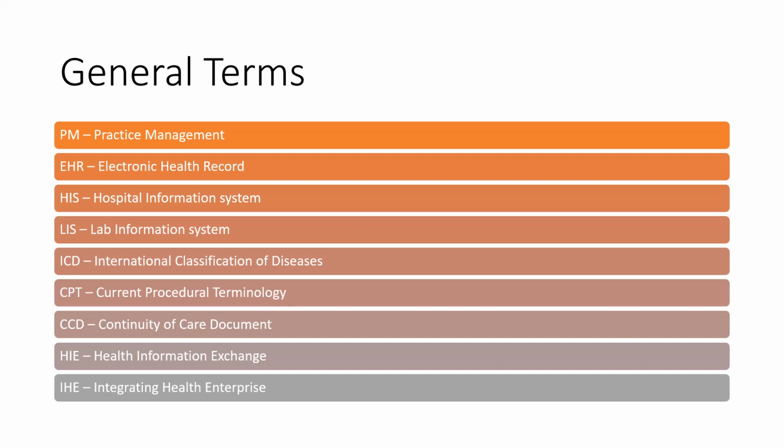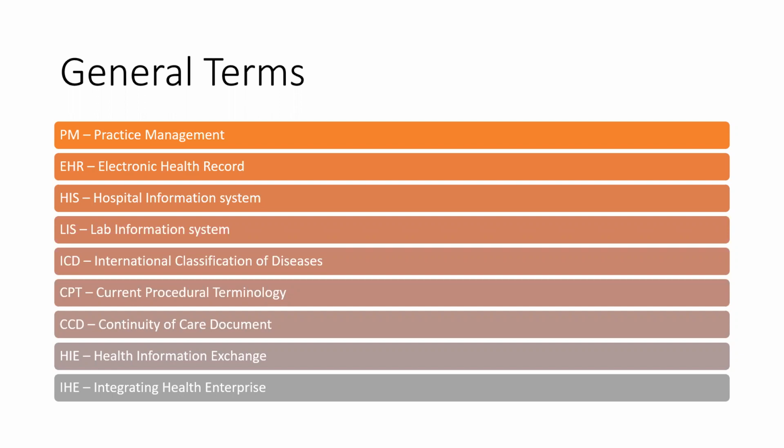ICD is International Classification of Diseases. This is nothing but a library or a book you can think of, which will contain a list of all the diseases that we have in the world, and each disease is identified with a unique code or unique ID. So International Classification of Diseases will tell us what code is designated for each of these diseases.